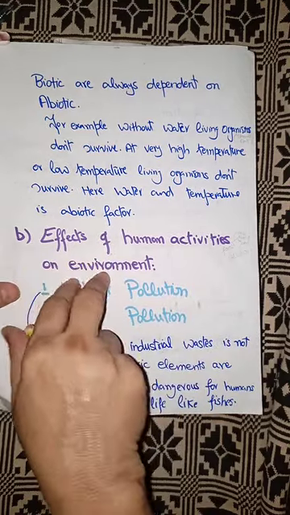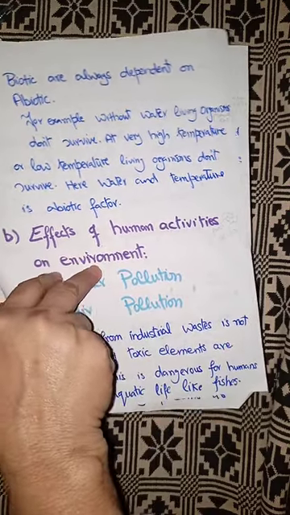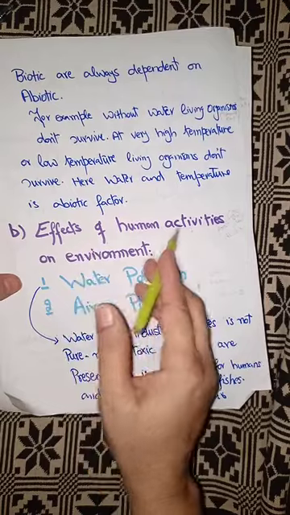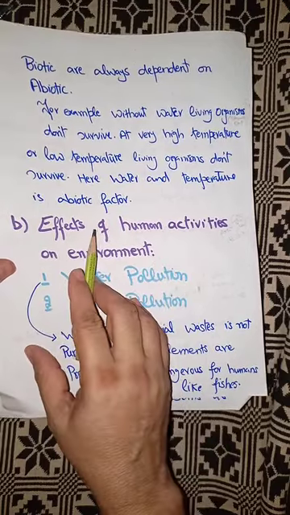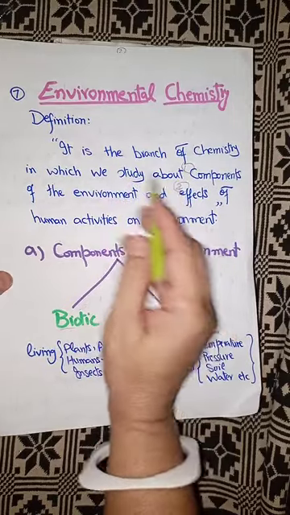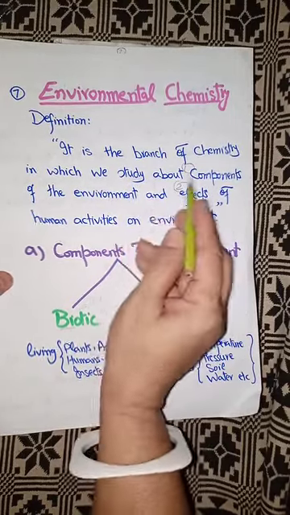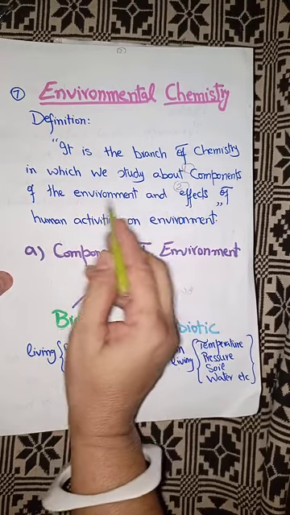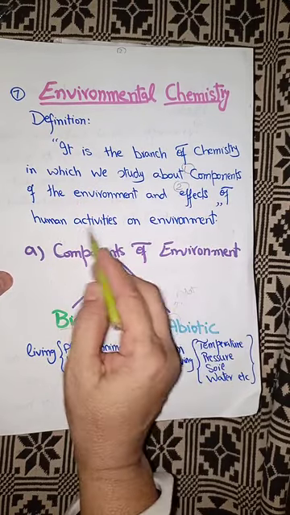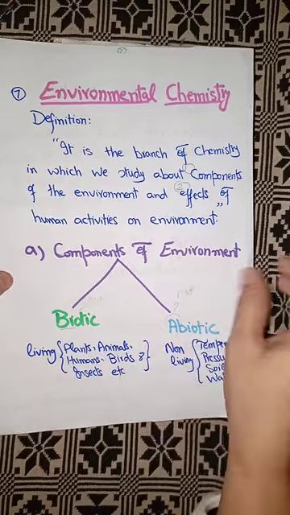The second thing we study is the effect of human activities on the environment. As you have seen in the definition, environmental chemistry is the branch of chemistry in which we study the components of the environment and the effect of human activities on the environment.